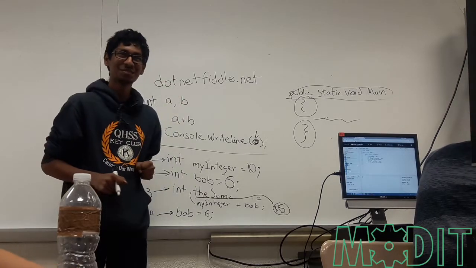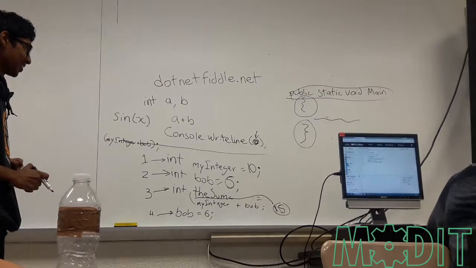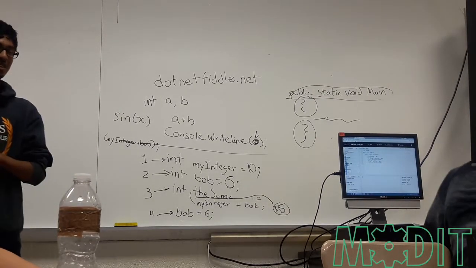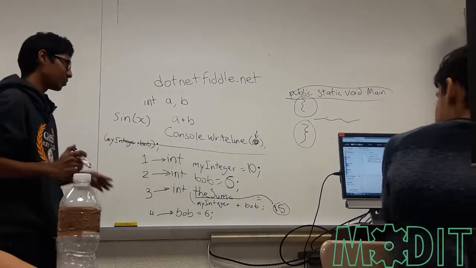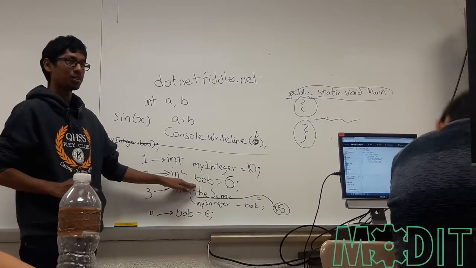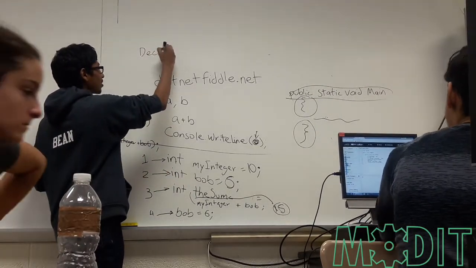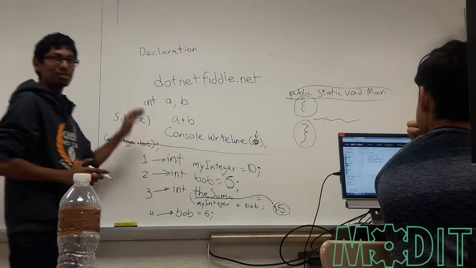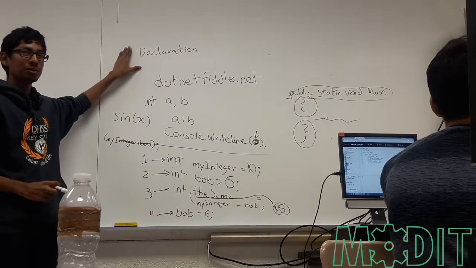I see on the bottom you didn't specify Bob is an integer, so do you have to specify it's an integer for the purpose of adding it? Okay, no. You only have to specify that Bob is an integer when you declare it. Declaration is when you create a new variable.